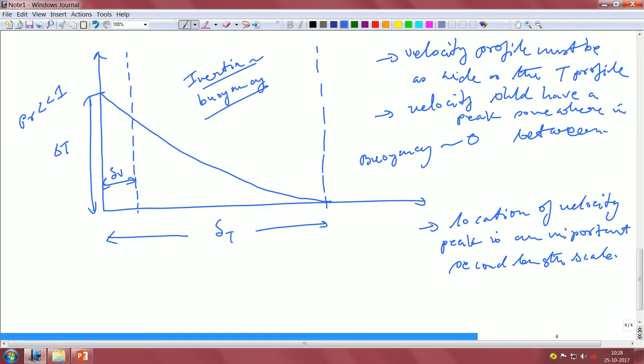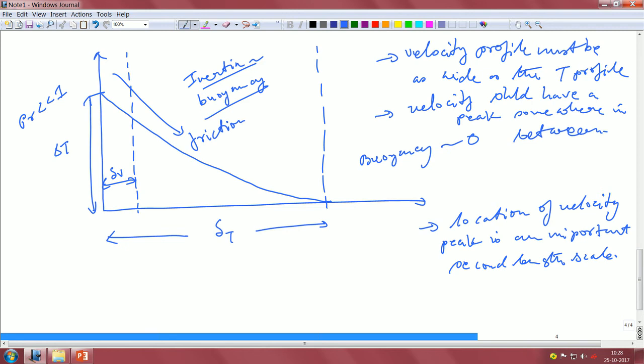Now, in this particular location, in that small band, what is important? The most important part over there is that your friction can no longer be taken to be equal to 0, because it is a region very close to the wall where the shear is very important.